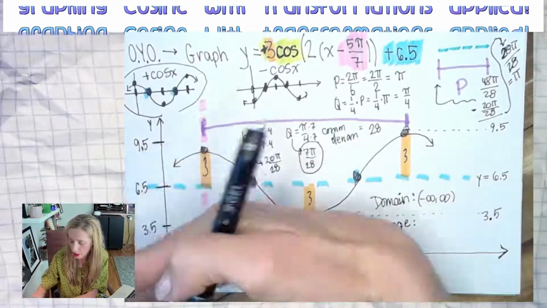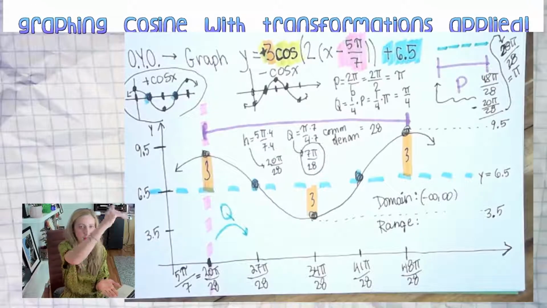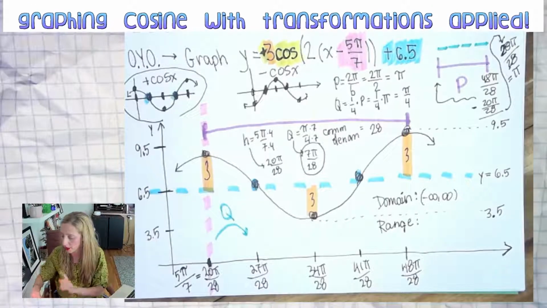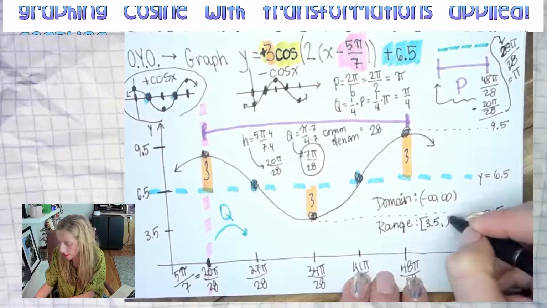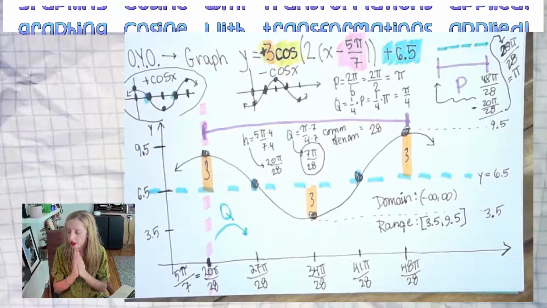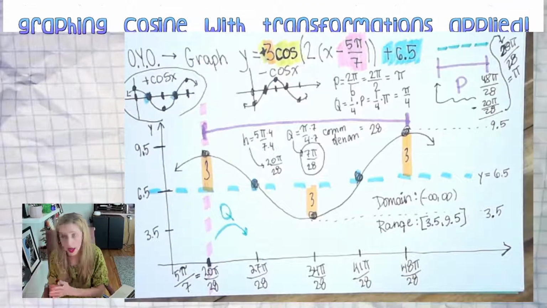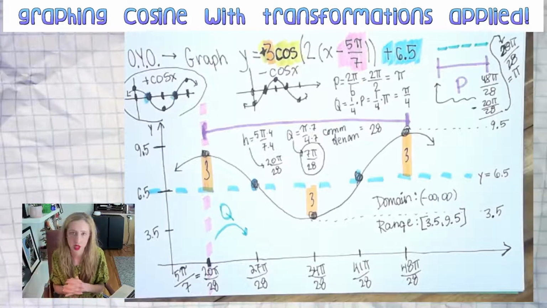So from 3.5 to 9.5, the graph is going to oscillate up and down between those two numbers. They're included, so I use a bracket. 3.5, comma, 9.5. There's your domain and range. There's your graph of a single cycle, a full period of a cosine function with all sorts of transformations applied.